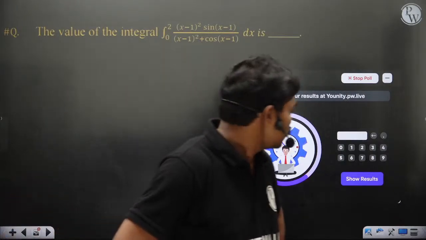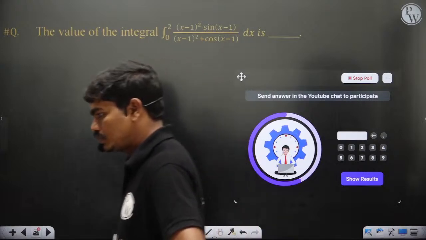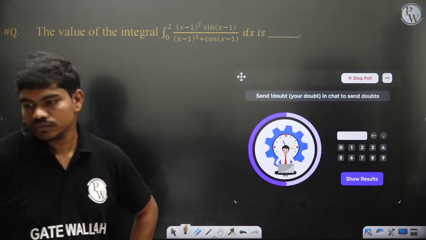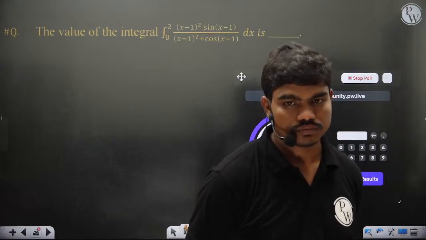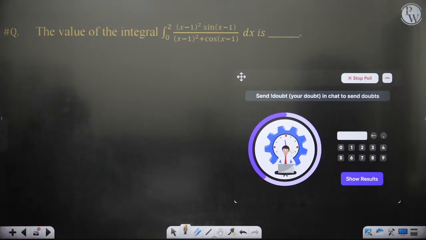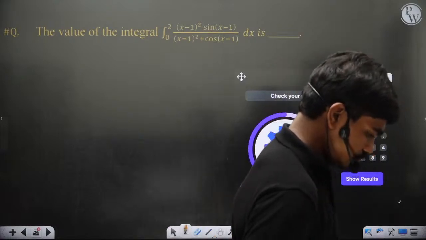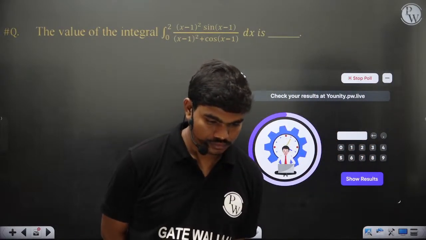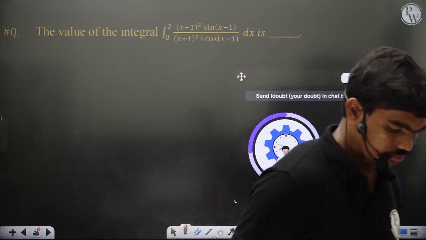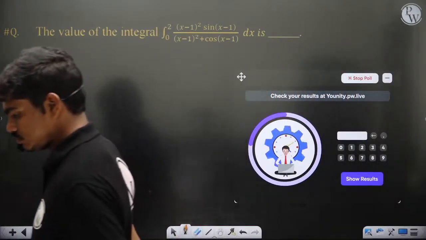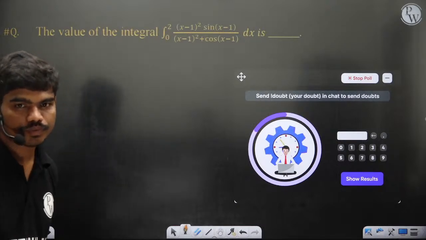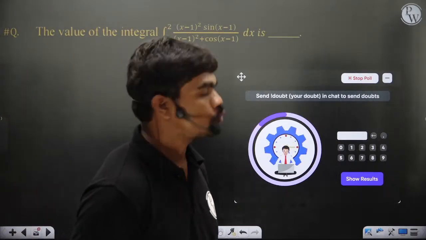Solve this integral. For now, Vijay says 0. Let's check.